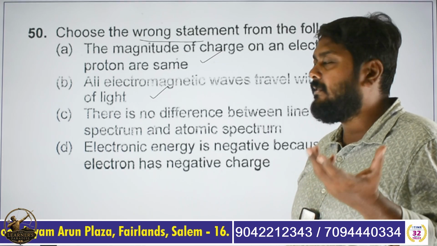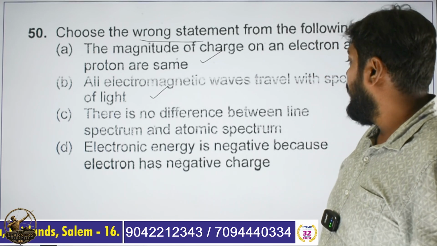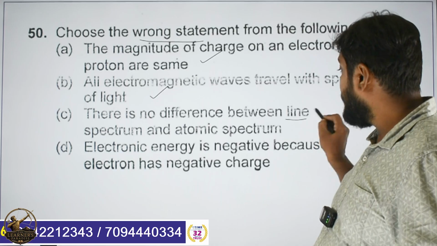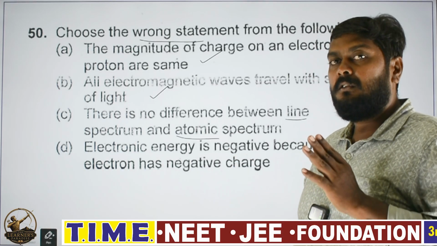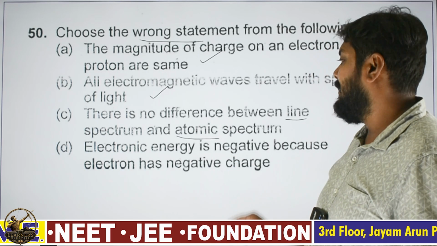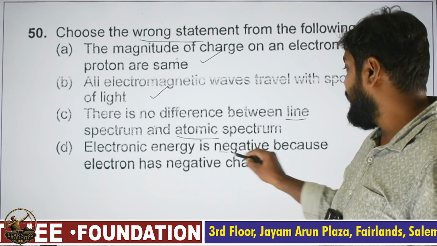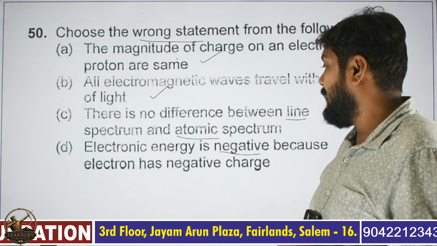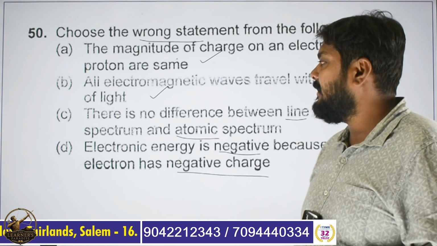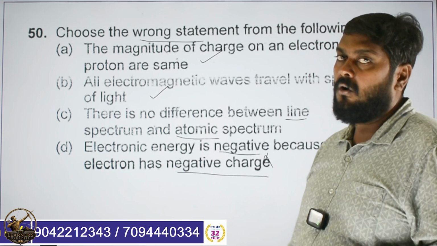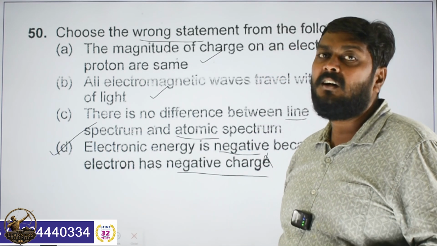All EM waves travel with the velocity of light. ஓகே, அண்ட் ஸ்பெக்ட்ரம், லைன் ஸ்பெக்ட்ரம்க்கும் அட்டாமிக் ஸ்பெக்ட்ரம்க்கும் எந்த டிஃபரன்ஸும் இல்லைன்னு சொல்றாங்க. தட் இஸ் ஆல்சோ கரெக்ட். ஆனா எலக்ட்ரானிக் எனர்ஜி இஸ் நெகட்டிவ். எலக்ட்ரானிக் எனர்ஜி நமக்கு நெகட்டிவா இருக்கு இல்லையா, அதுக்கு நெகட்டிவ் சார்ஜ் தான் காரணம்னு சொல்றாங்க. தட் இஸ் நாட் த ரீசன். ஸோ தட் ஸ்டேட்மெண்ட் இஸ் ராங். ஹென்ஸ் யுவர் ஆப்ஷன் இஸ் கோயிங் டு பி a fourth one.